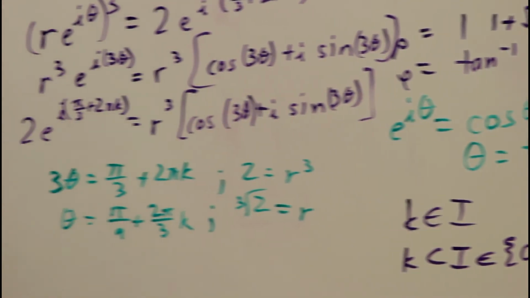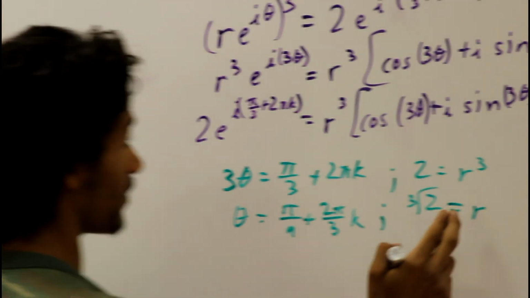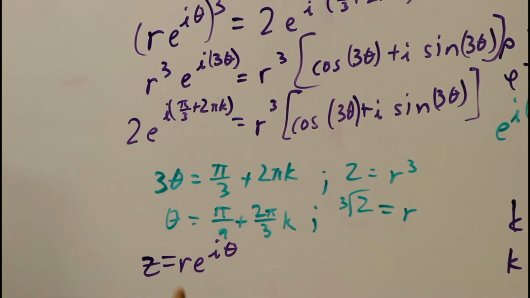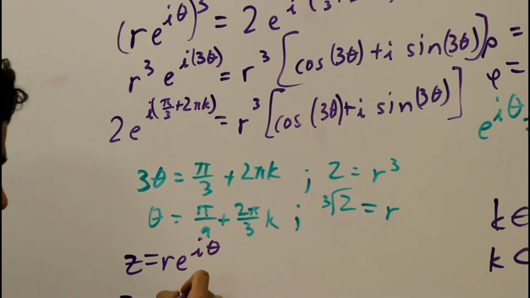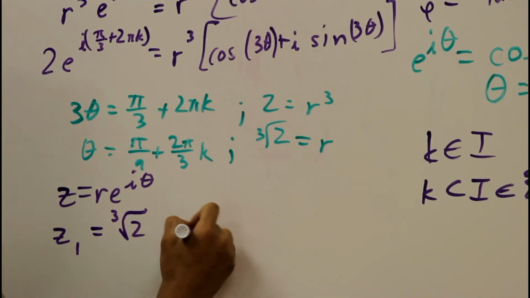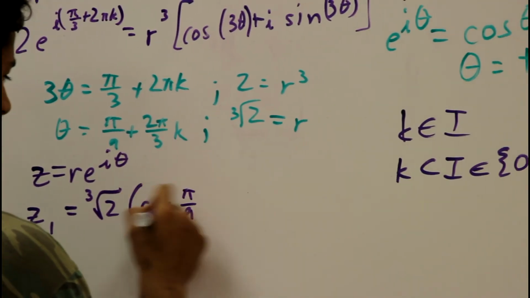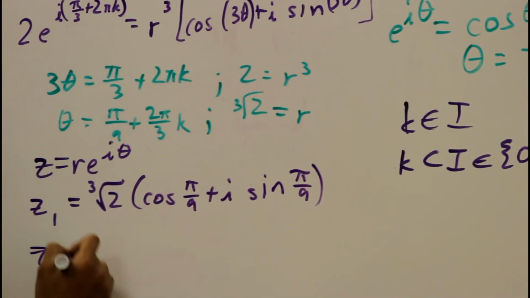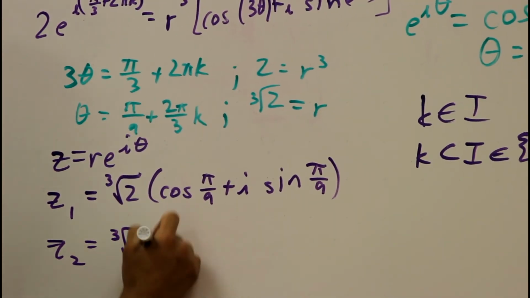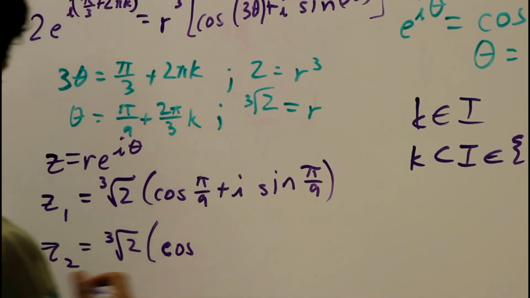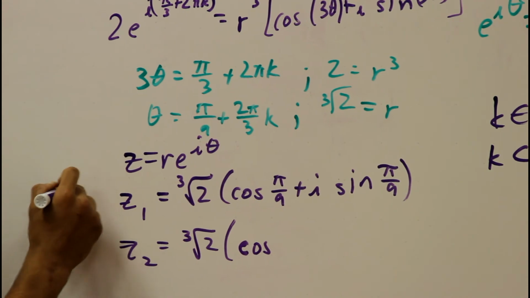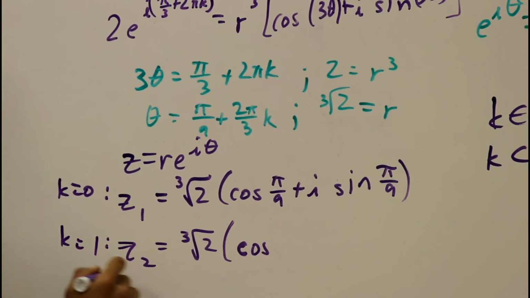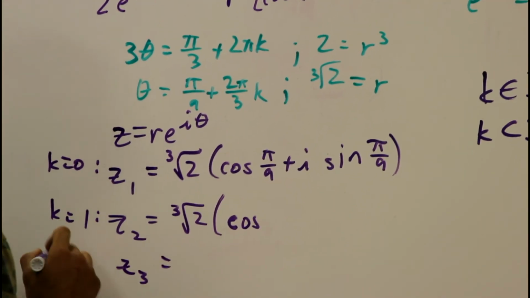Which means, if you plug into this formula, that z equals r e to the i theta, you see that z1 is just the cube root of 2 times cosine of pi ninths plus i sine pi ninths. Okay, this is z1 with k equal 0. z2 is with k equals 1. z3 is with k equals 2.